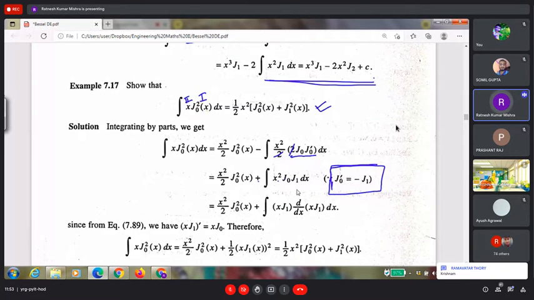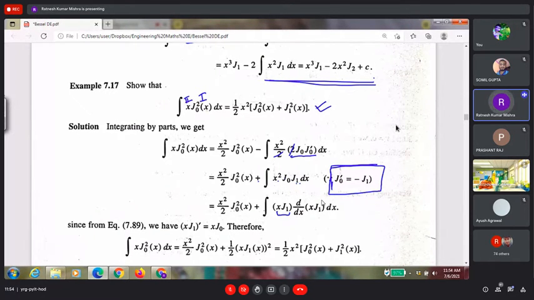Now what we do here, x square j naught j1. So x square break into x into x. So x into j1, this is the first portion, and x into j naught, we can write x j1.